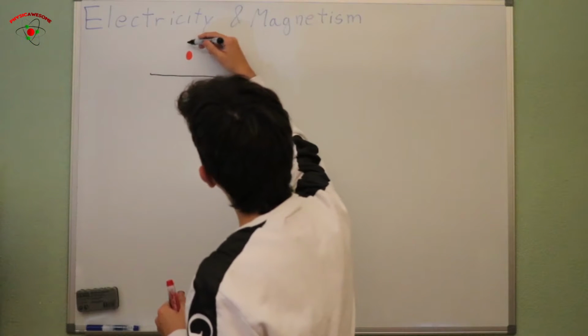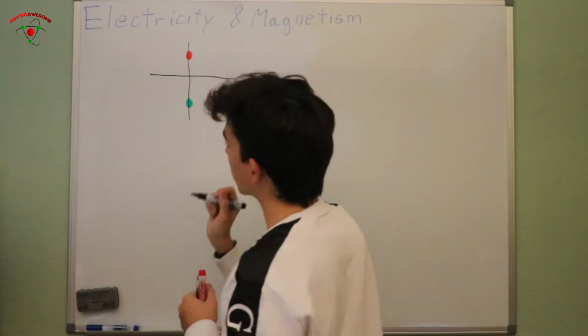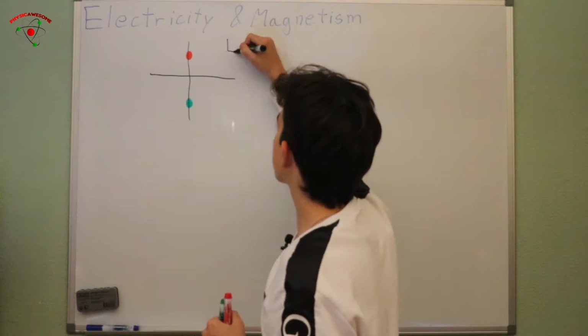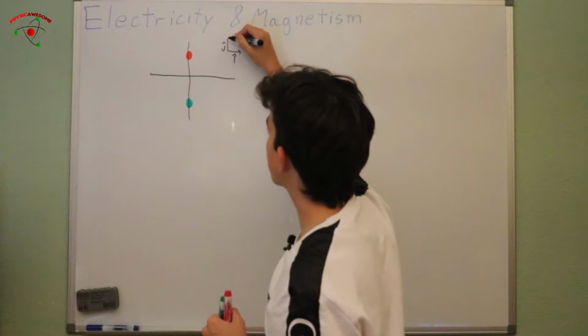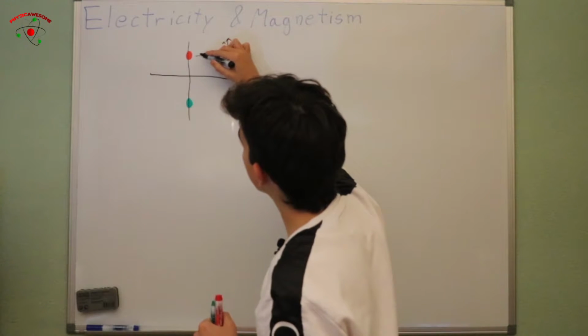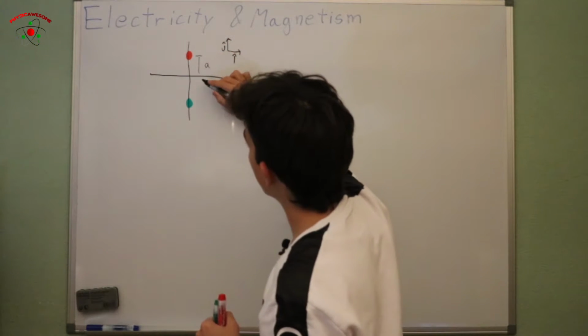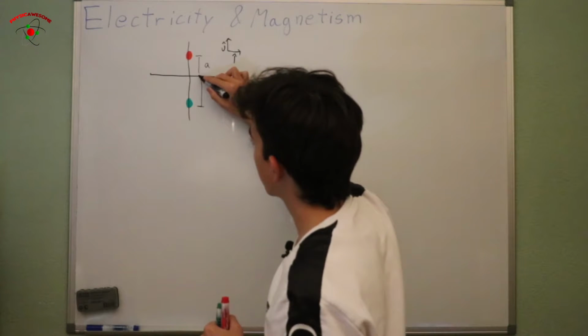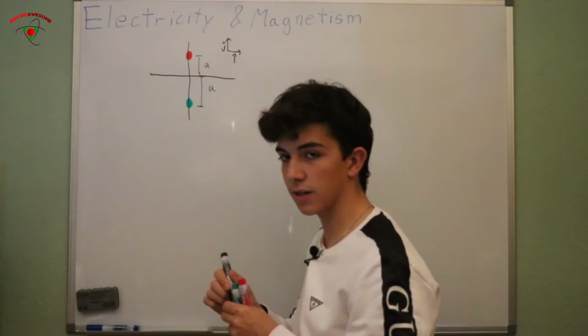Let's set this up in a reference frame. Let's call this the i hat vector, the j hat vector, and let's say that both particles are the same distance a from the x-axis.